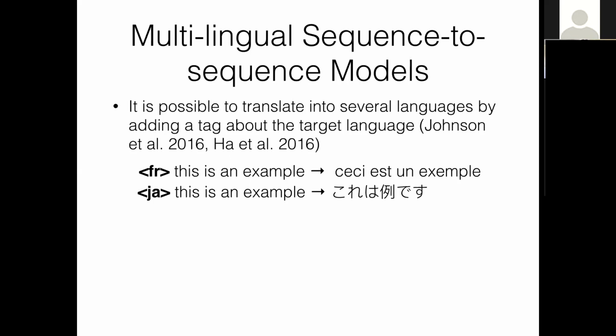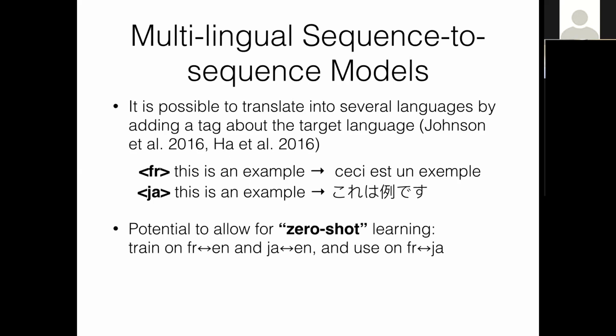One advantage of appending language identification tags is that we can also use this model for zero-shot learning. How it works is that we can train one model for French to English, another model for Japanese to English, and in this process, the language identification tags also get trained, and we can directly use these embeddings to translate from French to Japanese.